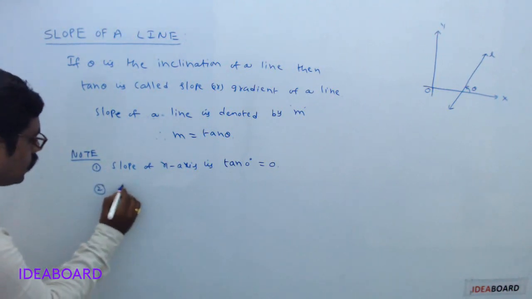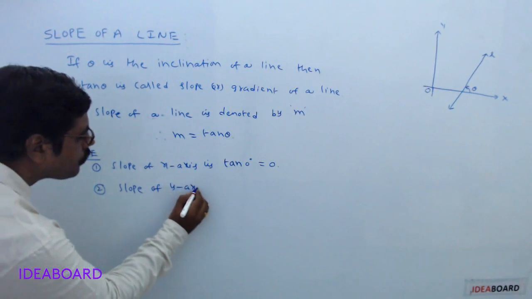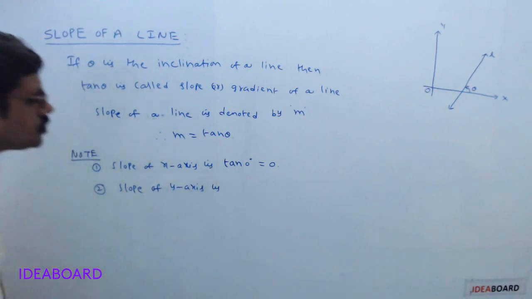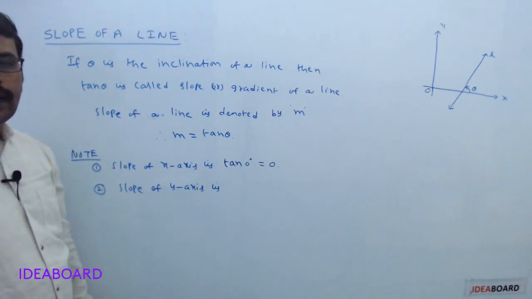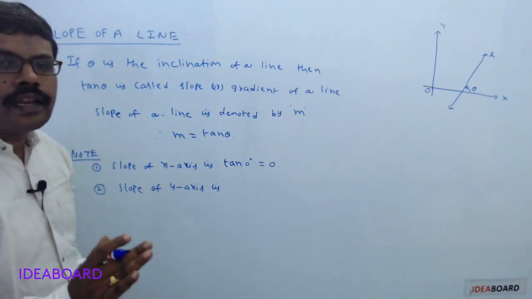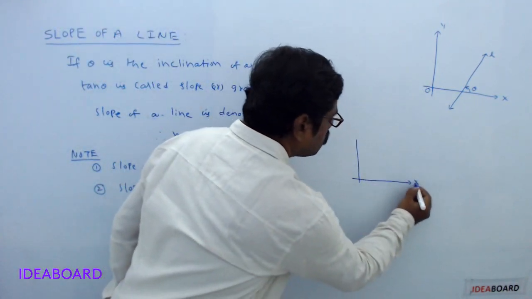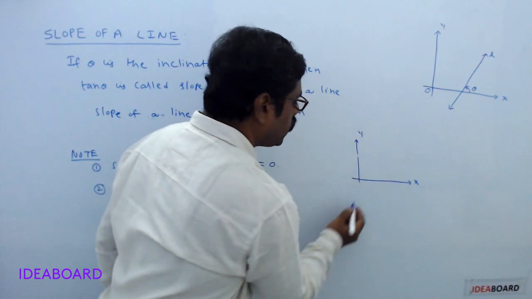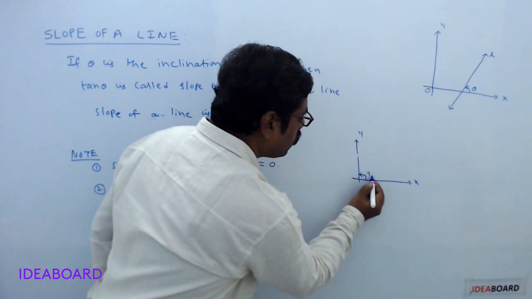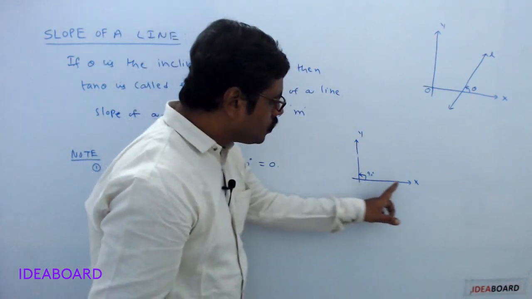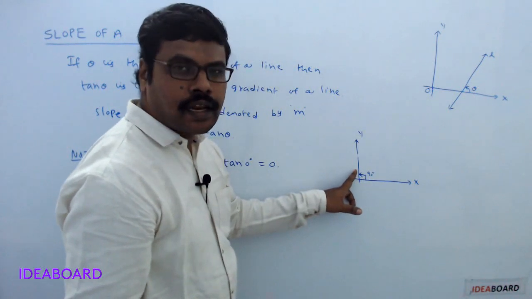Then second point, slope of y-axis. Before you write down the slope of y-axis, what is inclination of y-axis? This is x-axis, this is y-axis. This line y-axis makes an angle 90 degrees with the positive direction of x-axis and measured in an anti-clockwise direction.